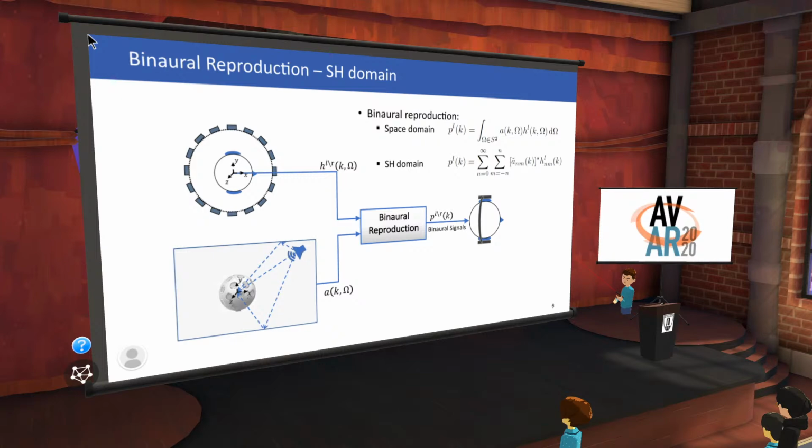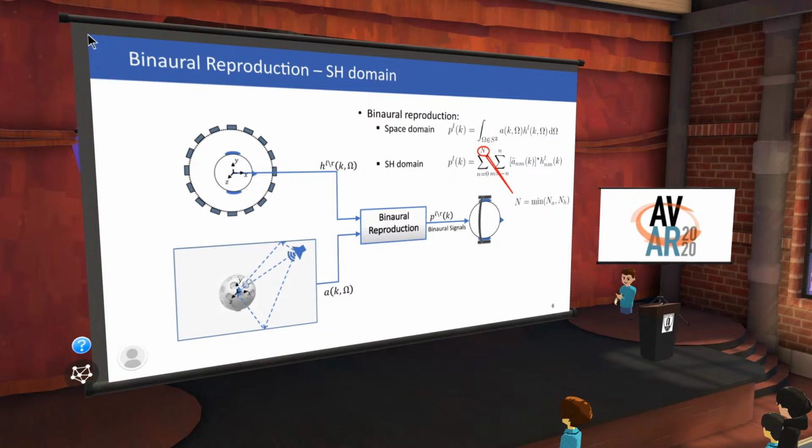But the problem is that practically we can't really sum up to infinity, and the reproduced binaural signal is determined by the minimum order between the sound field and the HRTF we have.